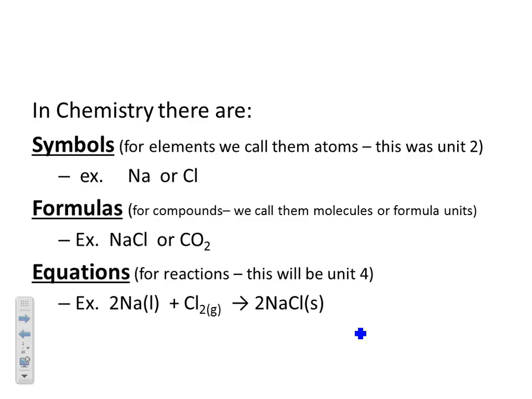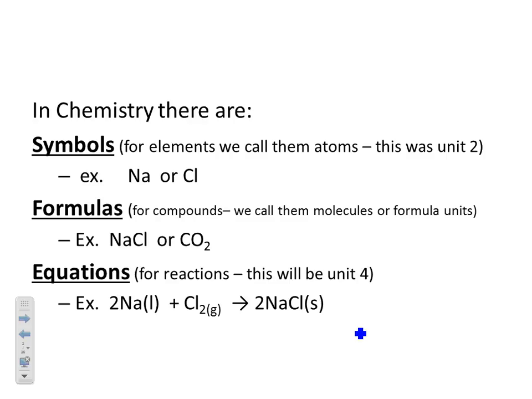So when we're talking about symbols in chemistry, we're talking about a non-bonded element in its elementary state. For example, Na is the symbol for sodium, and we can use our periodic table to tell us a whole bunch of information about the element sodium. For example, the periodic table can tell us the number of protons, neutrons, and electrons.